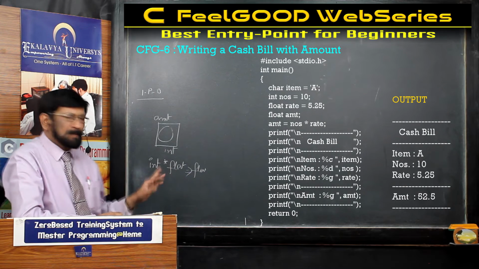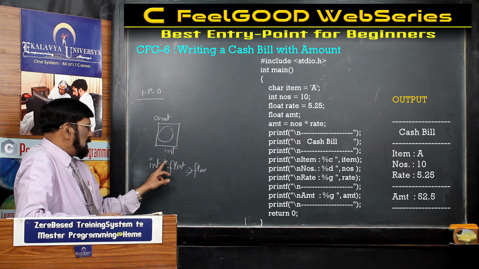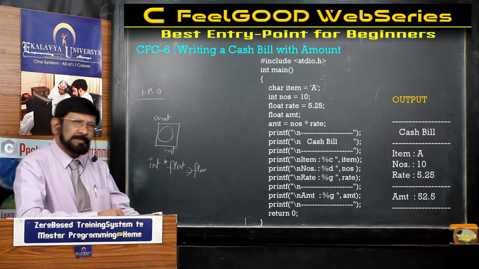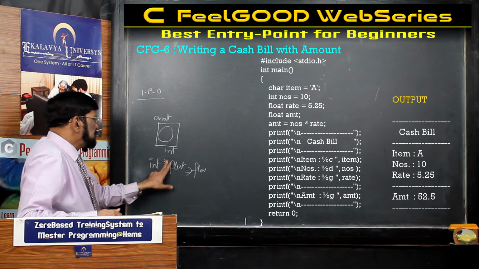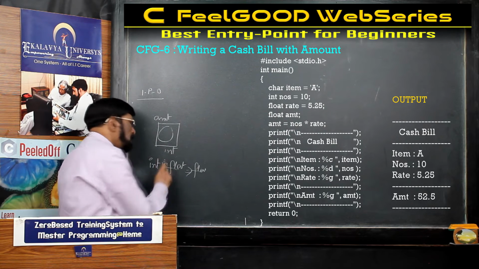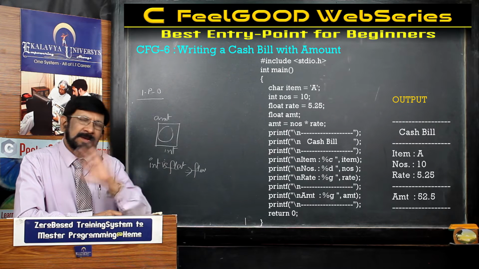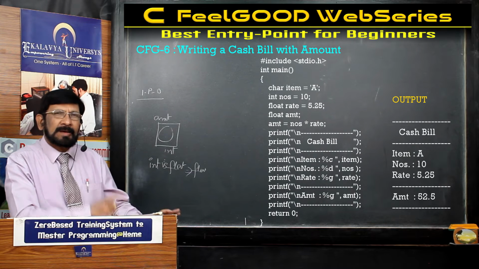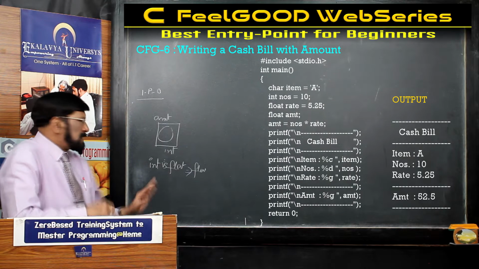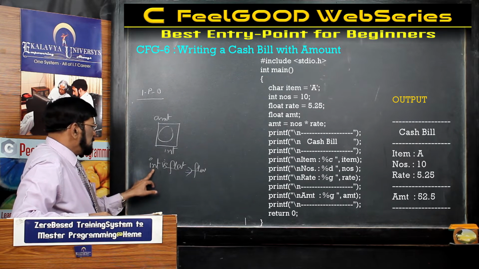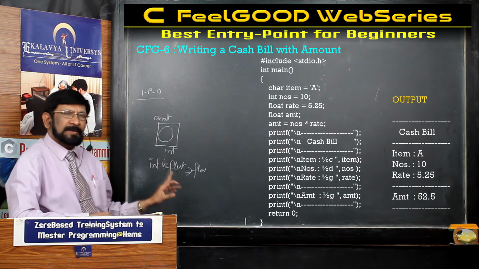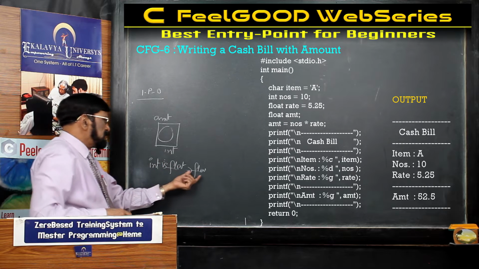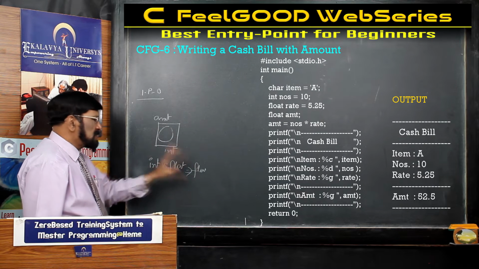Whenever you multiply int and float, not only multiplication, any operation you perform, int versus float, then the result is float. Only int versus int, any operation you make, plus, minus, division, multiplication, anything, the result is int. But as far as int versus float, int represents numbers, float represents rate. Then we are performing a multiplication operation. As a result of that, the output will also be float.